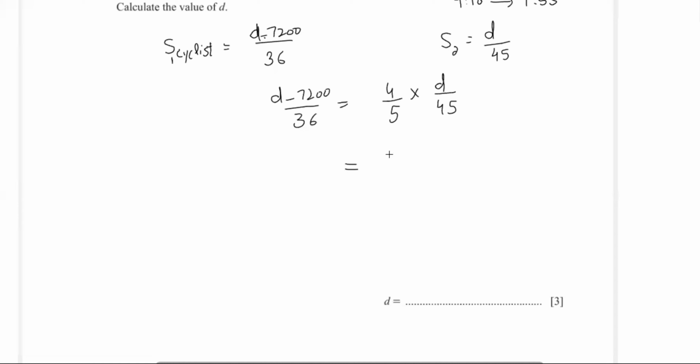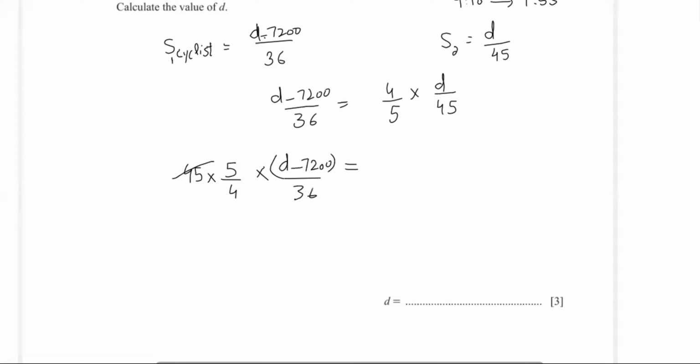Now we can write it as d minus 7,200 over 36 multiplied by 5/4 multiplied by 45, because we shift 4/5 from right to left side, it becomes 5/4, and 45 shifts from right to left, it will multiply.